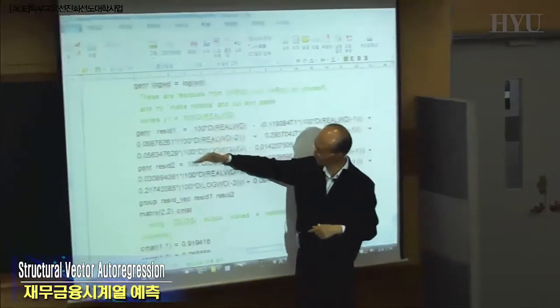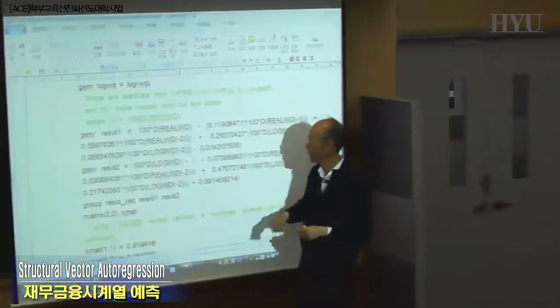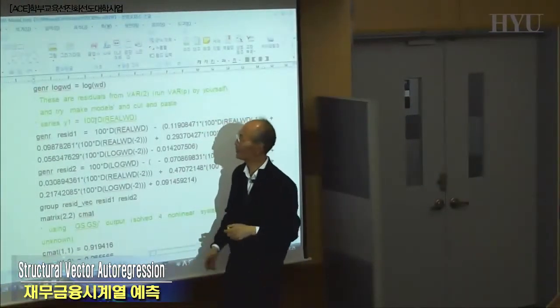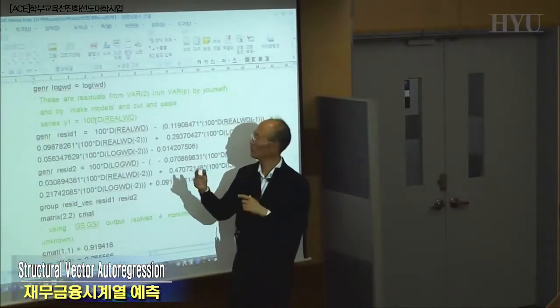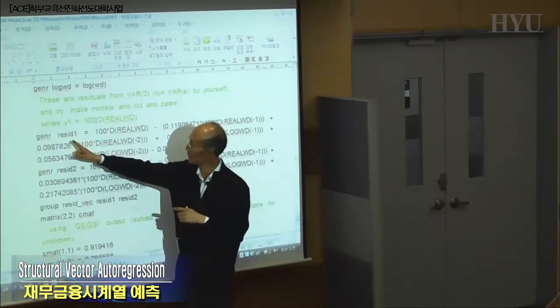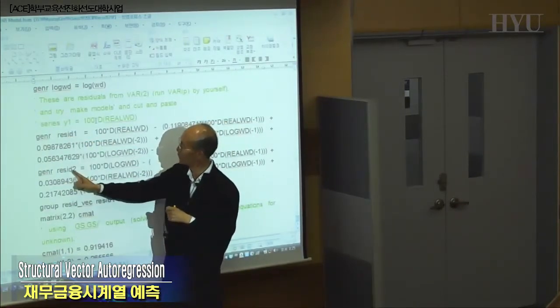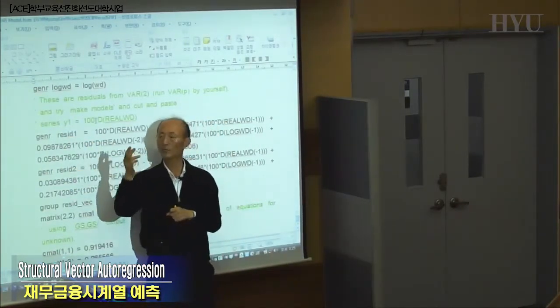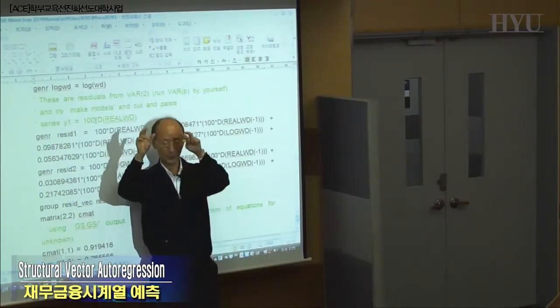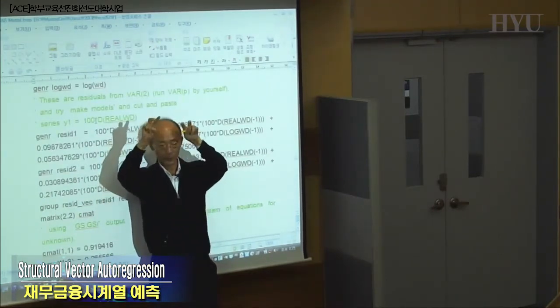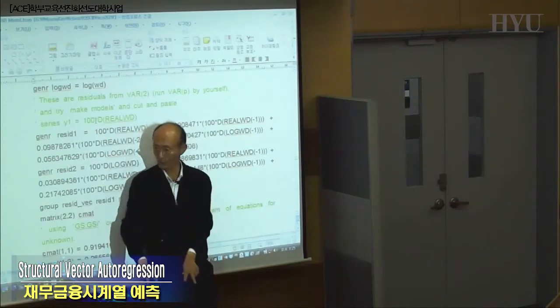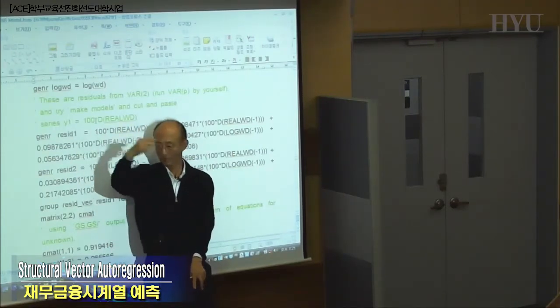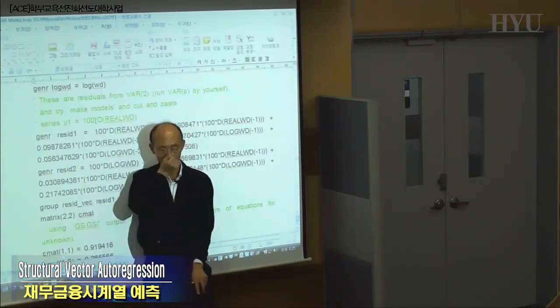So get this, get that, and then basically residual 1 and residual 2 are the VAR innovations. So these are 2 series, and the 2 series have a time index, right?